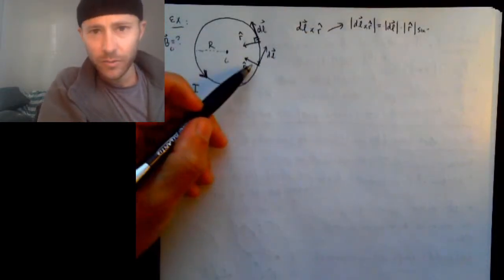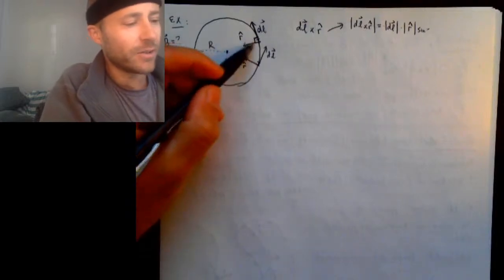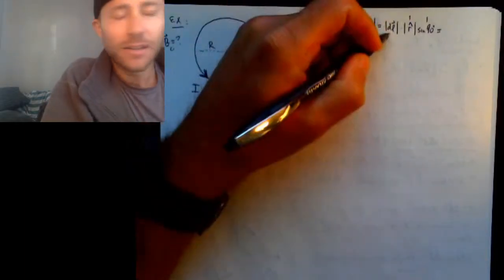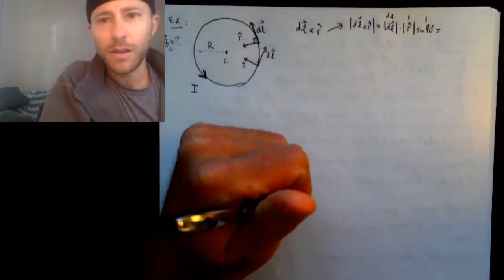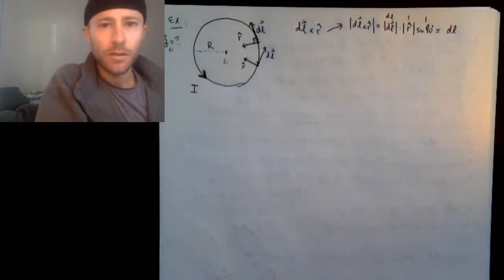Well, because of the geometry of the situation, the angle between them is 90 degrees. The sine of 90 degrees is 1. The magnitude of r hat is 1 because it's a unit vector. And the magnitude of the dL vector is just dL with no arrow over the top. Okay? So the magnitude of dL cross r hat is just going to be dL. All right?